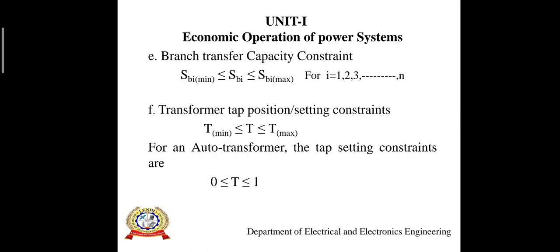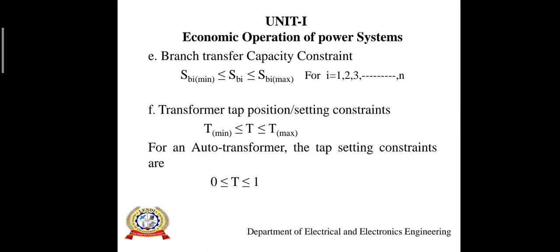So here, if we want to change the power generation to another branch or to another bus, then we have to maintain this also within minimum and maximum limits, so that thermal considerations are satisfied, that is SI minimum less than or equal to SBI less than or equal to SI maximum. Here B indicates the branch transfer capacity. So this is also maintained within minimum and maximum limits.